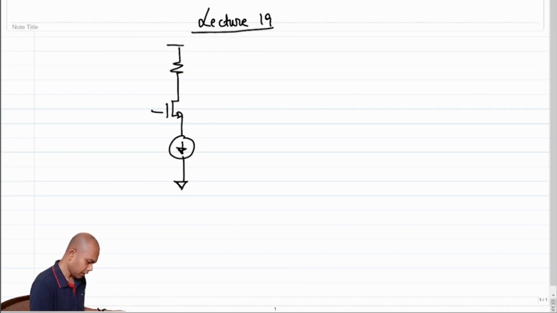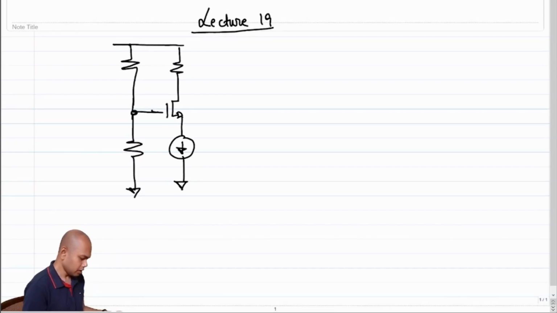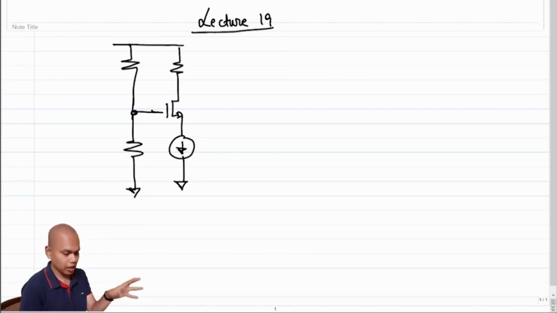We saw a couple of things. Number one, this way of biasing does not need anything, in the sense that you stick in the current source at the source, and given that you have some appropriate bias voltage at the gate, the transistor biases itself.